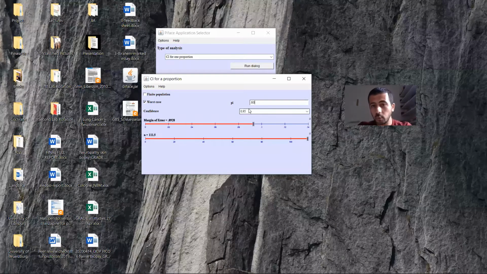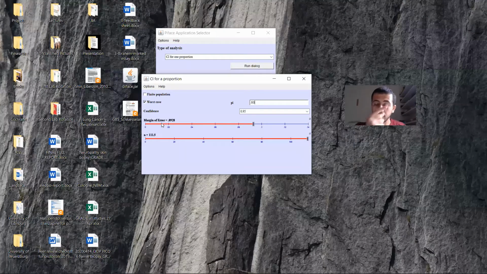If I stop here, I will need 111 patients, which gives me a margin of error of nearly 1 per 10, so like 10%. So I will have probably the same proportion, 60% plus minus 10%, which is the margin of error.